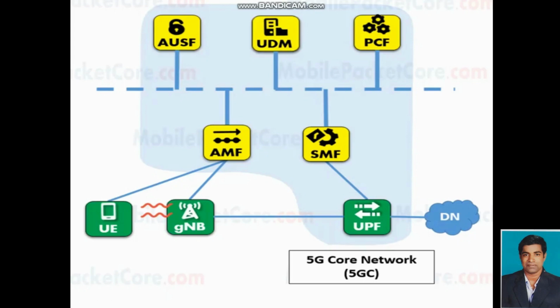Here we use the Access and Mobility Function to manage the mobile devices and the radio base station. Once the AMF evaluates the authentication, it gives the valid and invalid user information to the other end of the network.